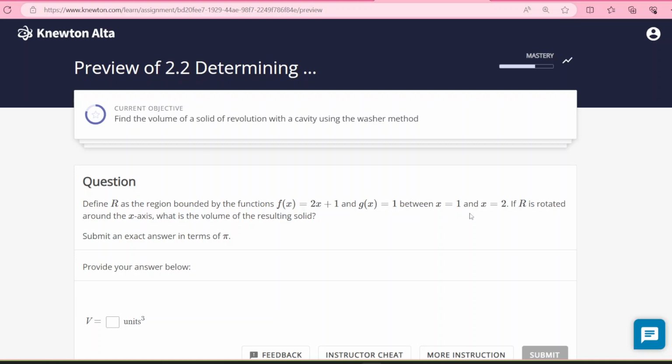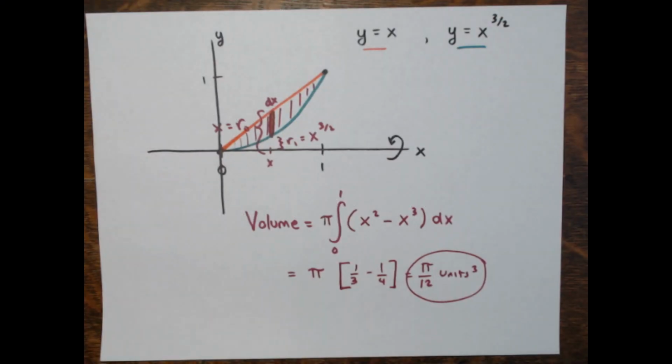Another one. Again, I'm rotating around the x-axis. Find the volume. So these are some lines. Once again, I'll just draw the region, do a little thin rectangle, and imagine a washer being created after the rotation.